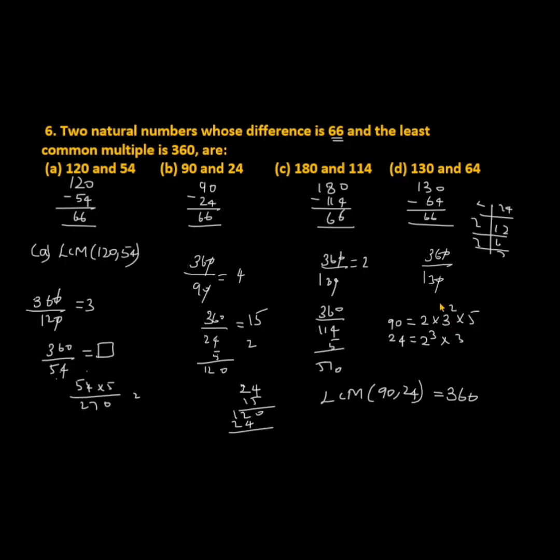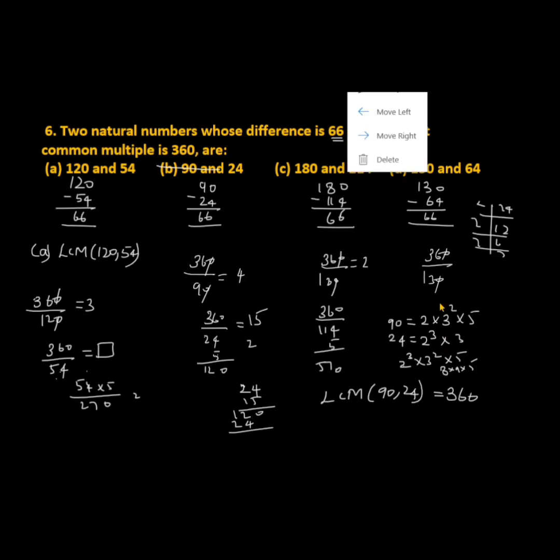So for the LCM, the highest factors are 2 power 3 into 3 squared into 5. So 2 power 3 is 8 into 9 into 5. So 40 into 9 is 360. So LCM we are getting is 360. So the correct option here is B. The numbers 90 and 24 will have the difference 66 and common multiple 360.